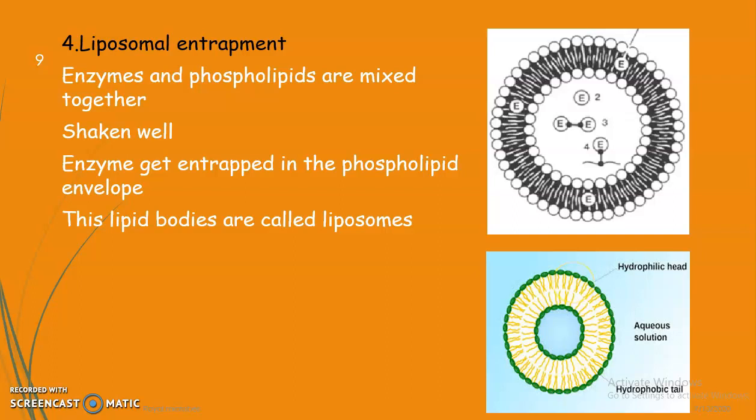On shaking, these phospholipids form a phospholipid bilayer, and the enzyme gets trapped inside this phospholipid bilayer, and these lipid bodies are called liposomes. Therefore, here the enzymes and phospholipids are mixed together and shaken well so that the enzymes get trapped in the phospholipid bilayer, and this is called a liposome.